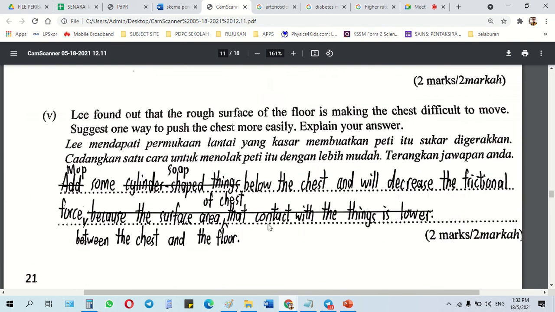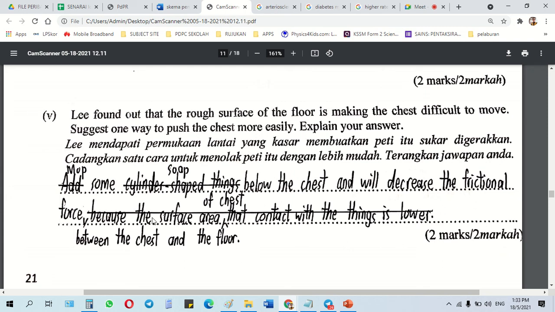And then C. Next question. Lee found out that the rough surface of the floor is making the chest difficult to move. So suggest one way to push the chest more easily. Explain your answer. Okay, maybe kita boleh gunakan rollers under the chest because the rollers can reduce the frictional force between the floor and the chest.